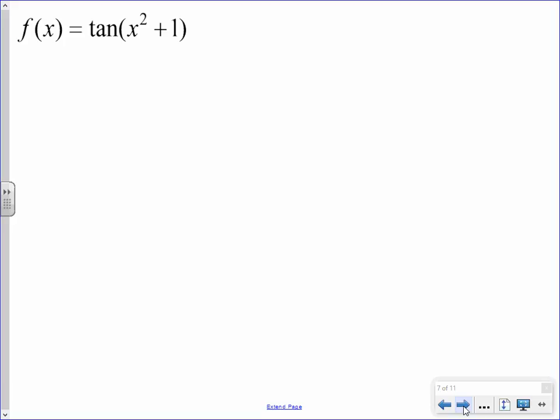Trig ones I feel are more obvious to see which one is our inside versus outside function. Okay? If we have a trig problem and the angle is not x, okay, our trig function is our outside function. Okay? How about you guys take the derivative and see what you get?